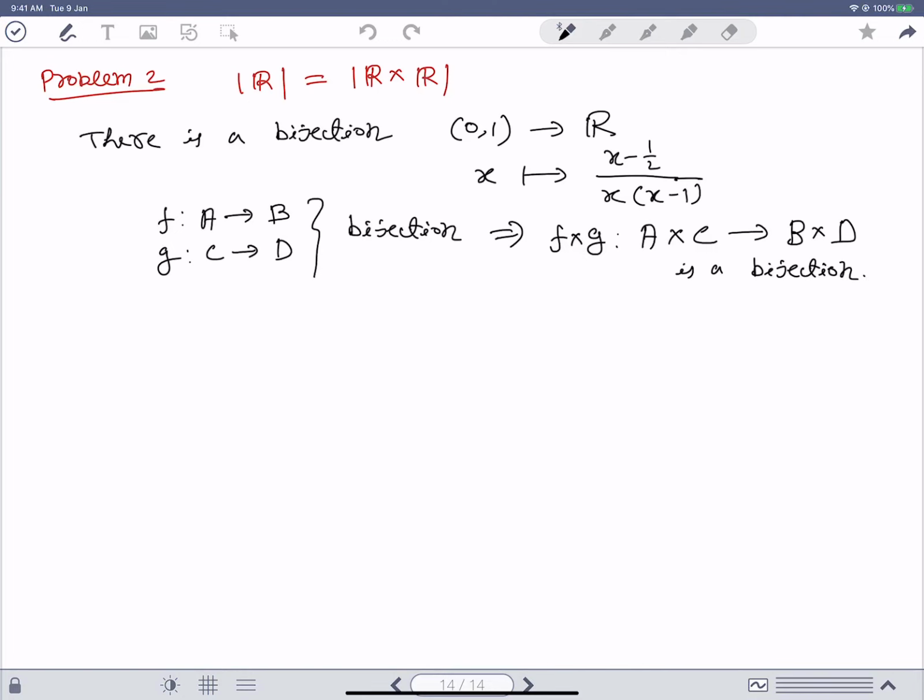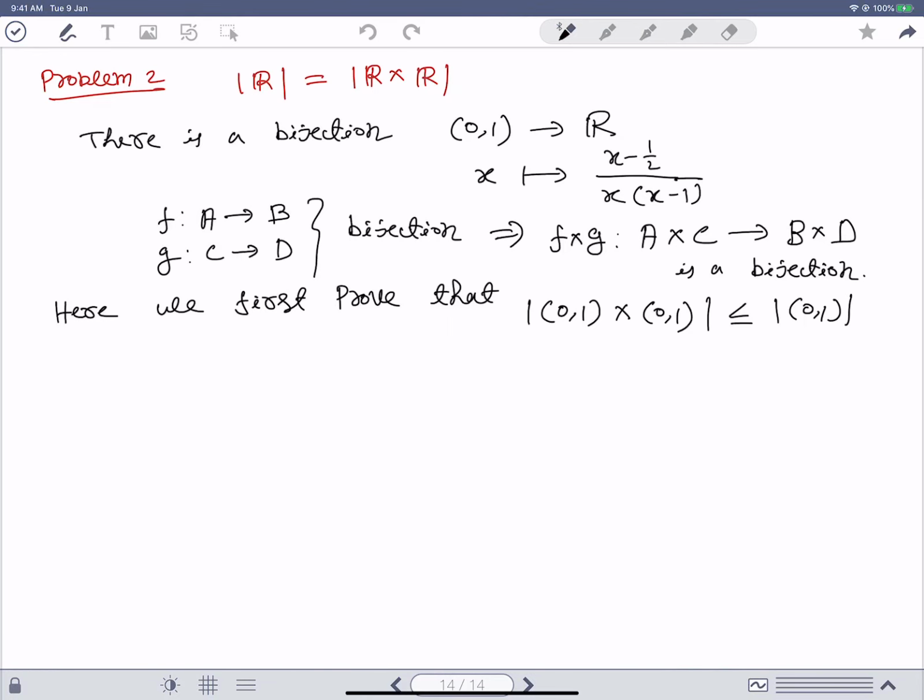So here we first prove that the cardinality of (0,1) cross (0,1) is less than or equal to the cardinality of (0,1), and then the proof will follow.